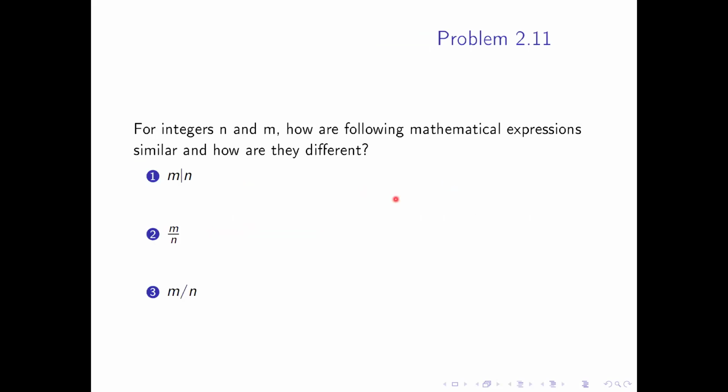So I want you to look at this for a second and think, how are these mathematical representations similar? And how are they different? There's a few things. So let's just talk about this first one.